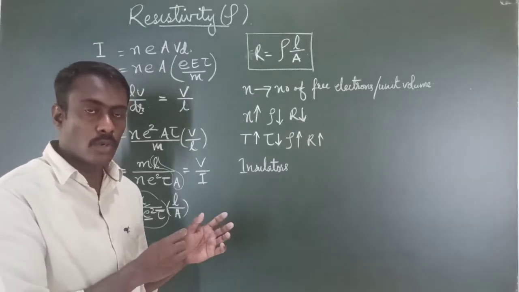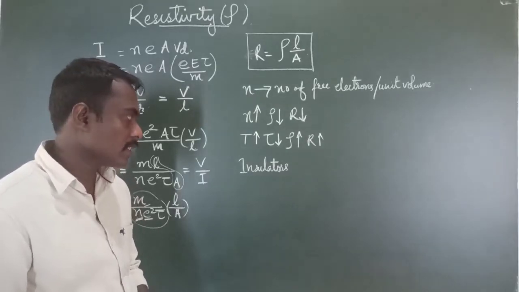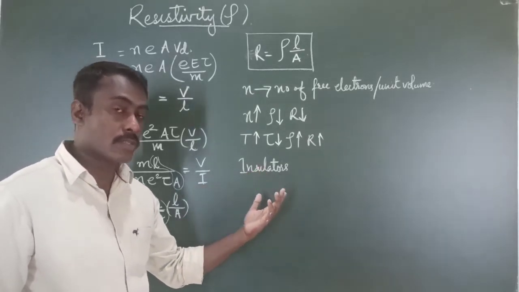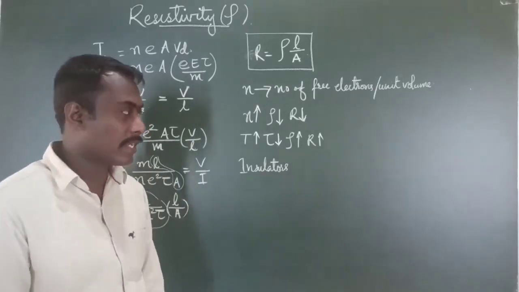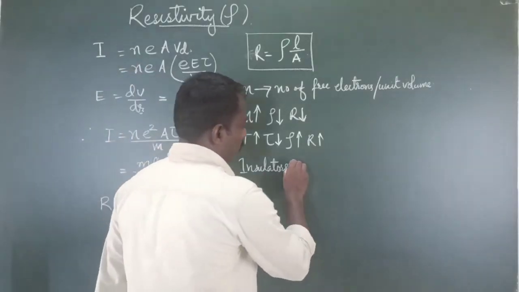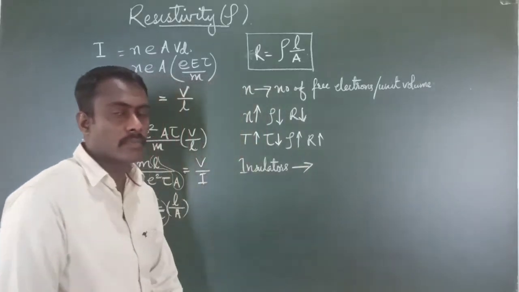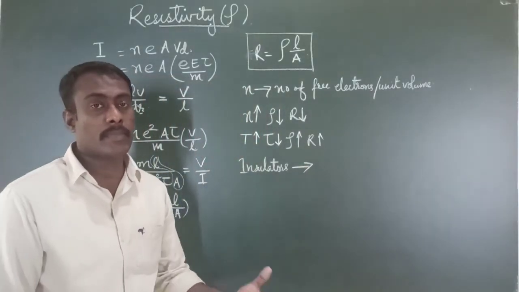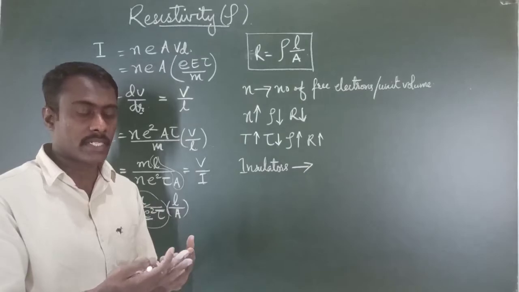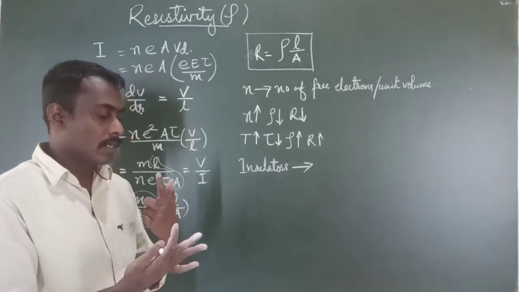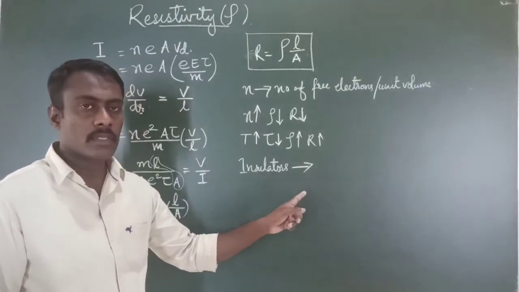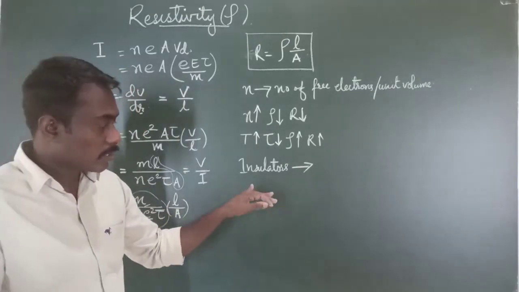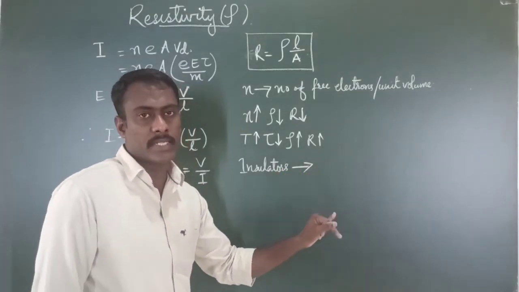Because there is no flow of free electrons in insulators, and therefore they have the maximum resistivity or resistance or specific resistance. And what is the second type of material? Semiconductors. Three types of materials we have: insulators, semiconductors, and conductors.